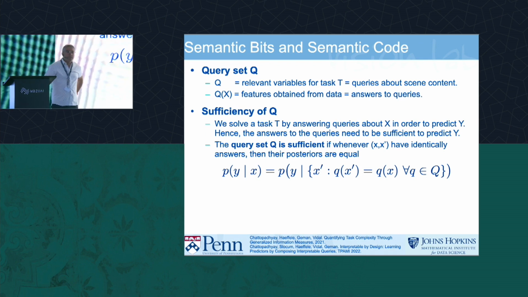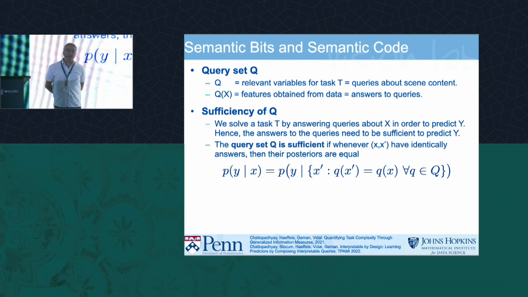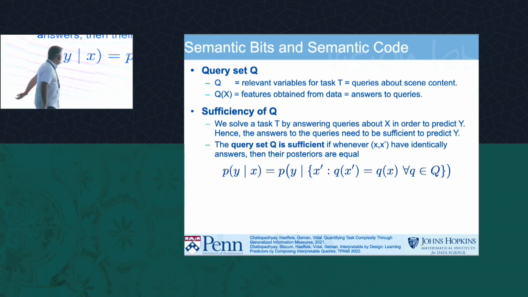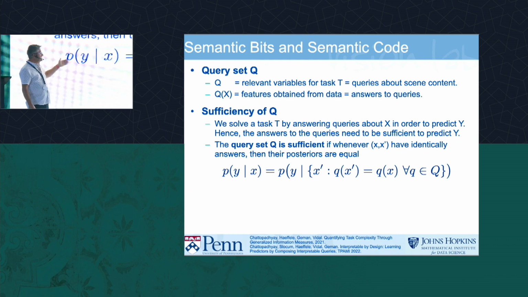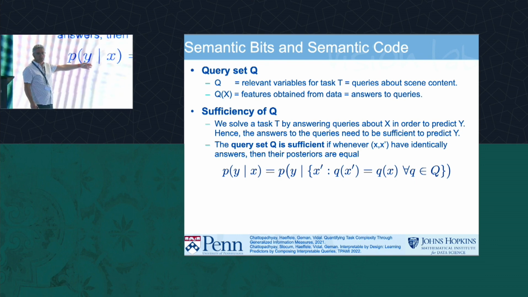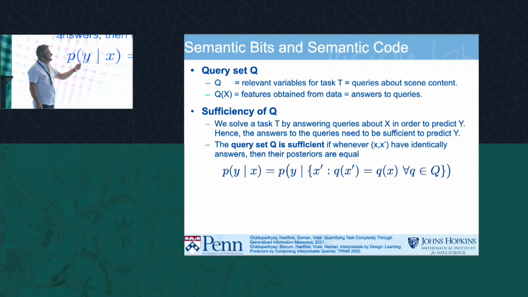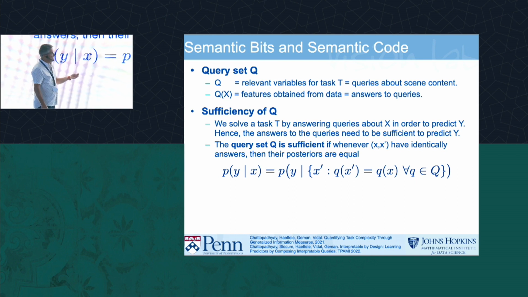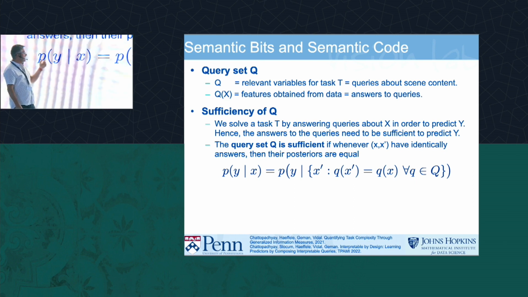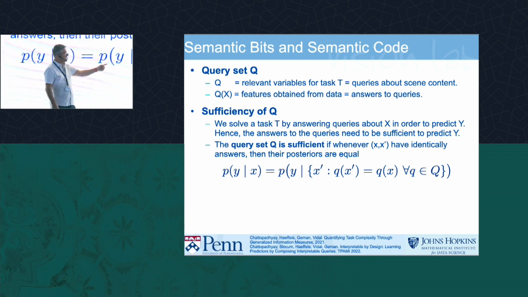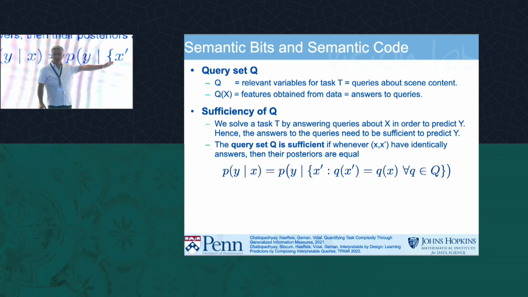So what do I mean by sufficiency? We're going to ask a sequence of questions until I'm satisfied. How do I write that down mathematically? What we want to do is to predict y given x. So we want to estimate the posterior. That is the definition of the task. The idea of a query set being sufficient is simply that the prediction of y given x is the same as the prediction of y given the answers to all of the queries about x.